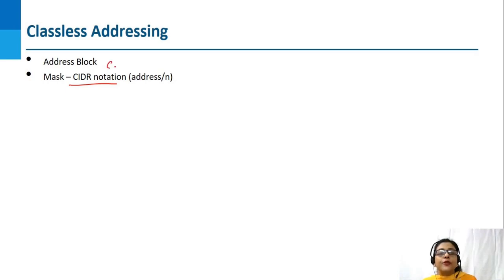CIDR stands for classless interdomain routing. The address is written in this form: as before in classful addressing, the address is written and given a slash, followed by n. Let's see how this is done.